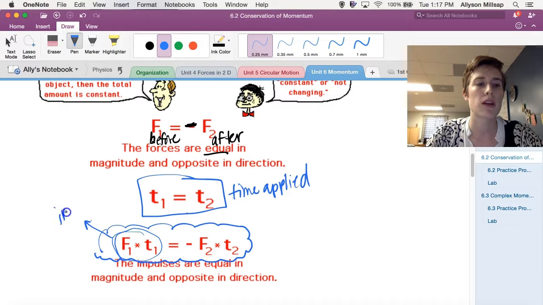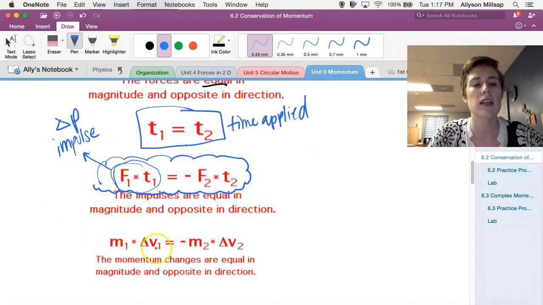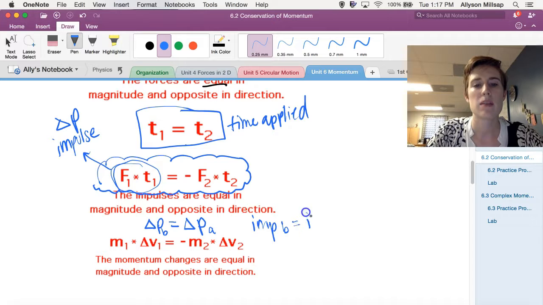That's the formula for an impulse. Okay, an impulse is the same thing as change in momentum. So what we have just defined is how the change in momentum before is the same as the change in momentum after. Also, the impulse before is the same as the impulse after.